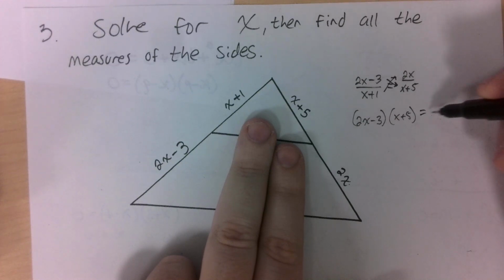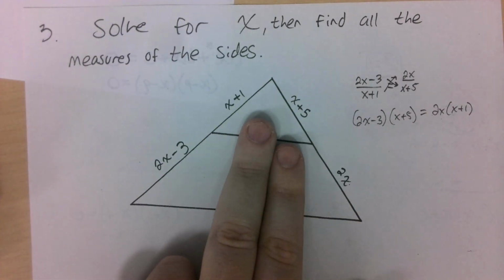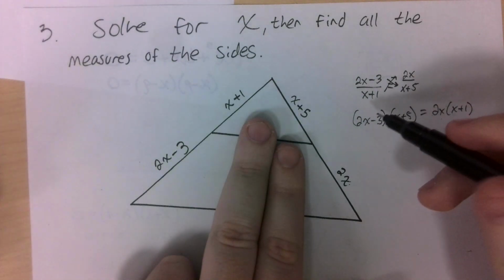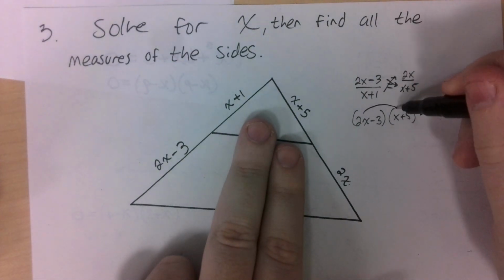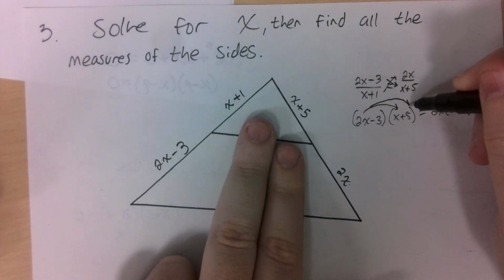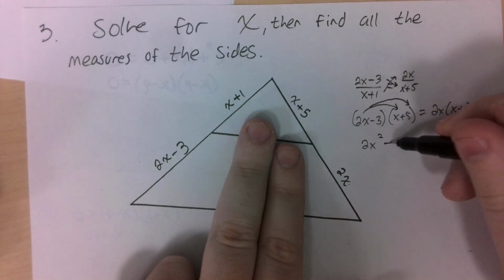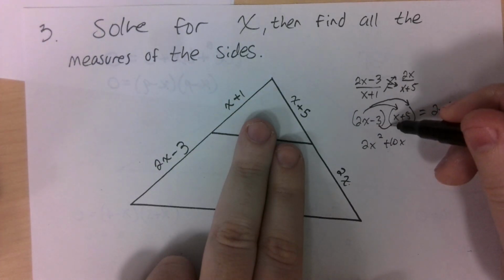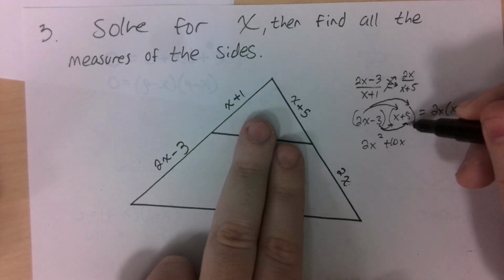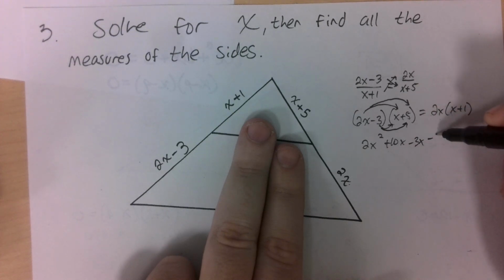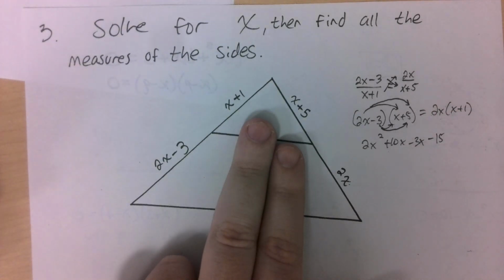And on the other side, we're going to get whatever 2x times x plus 1 is. 2x minus 3 times x plus 5. We've just got to double distribute, or FOIL. This is 2x squared plus 10x minus 3x minus 15. Sweet.